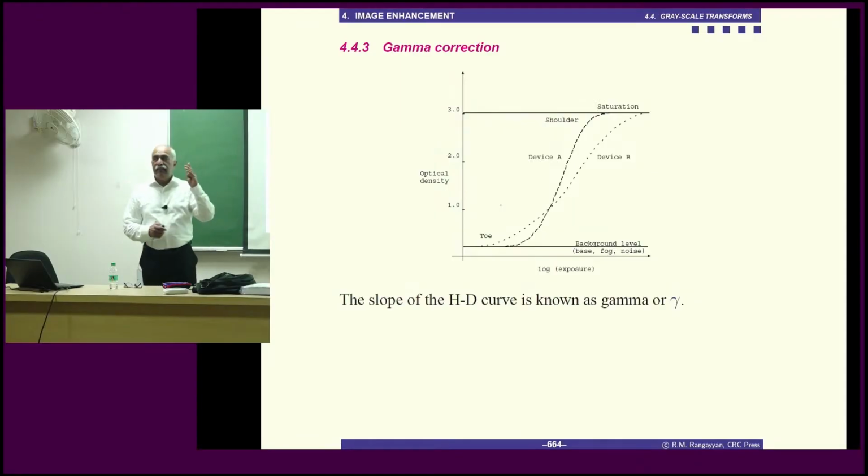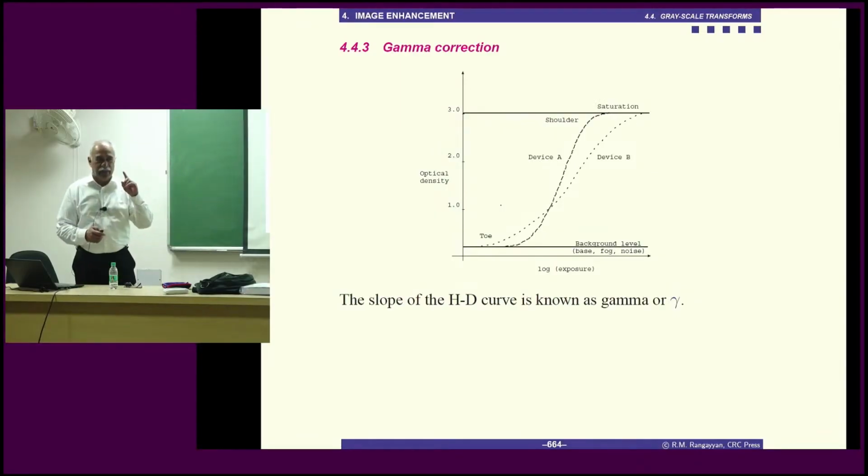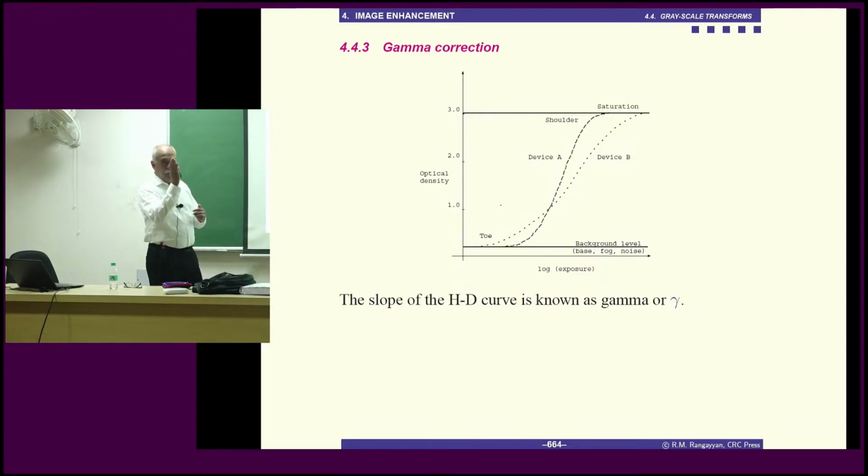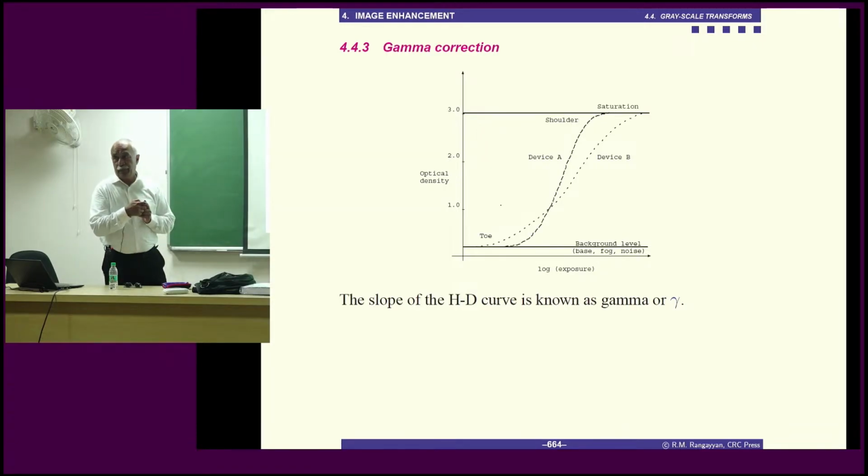These are linear transforms, except for the first one, thresholding, that is nonlinear. Stretching, like I have shown, is linear. There could be clipping at the ends, but within the transform portion shown, it is linear. I showed this HD curve earlier for an imaging system. It can also be used for enhancement.